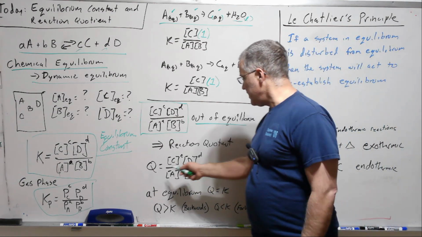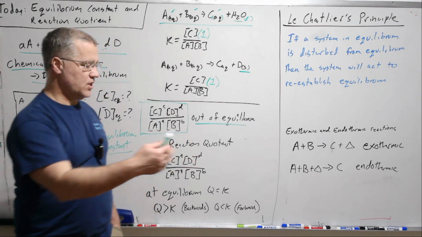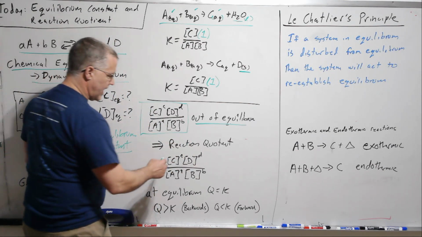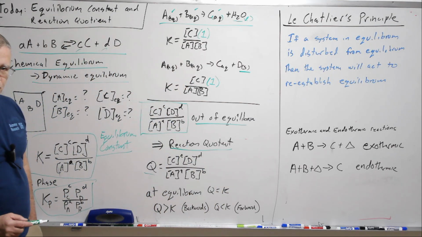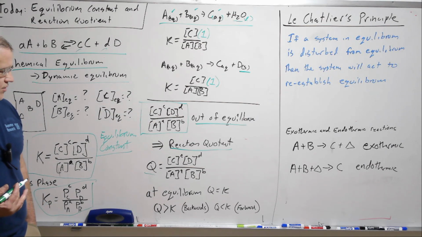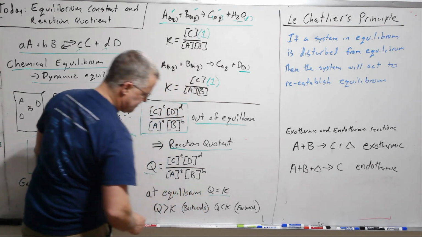But this will depend very much on where we are in that range of possible states. And so this is called the reaction quotient. It's easy to get this confused with K. So always remind yourself, are we at equilibrium? Are we out of equilibrium? Then, of course, at equilibrium, Q equals K.